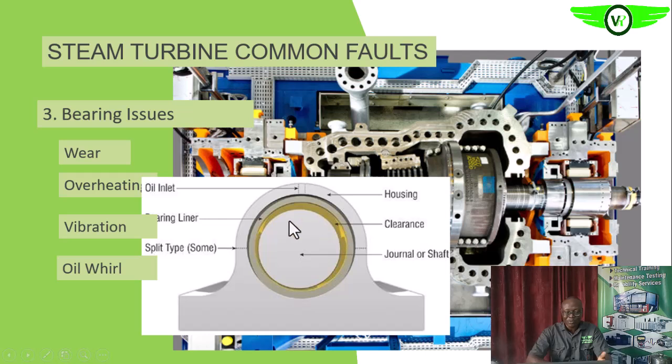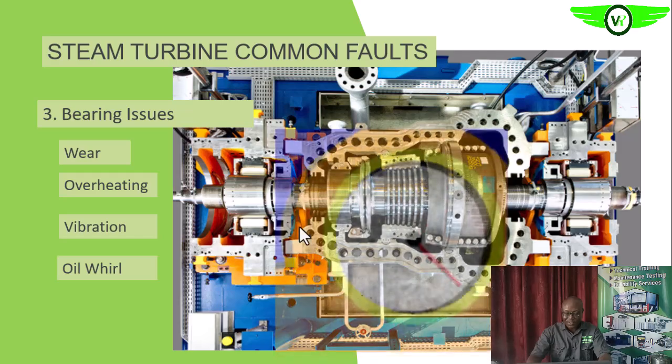You know, during normal operation, it's expected that there will be a little whirl anyway, but you expect that this rotor will be turning evenly, almost evenly. Are you getting it? But once there is whirl, you see that it will kind of be rocking around the bearing space, and that kind of movement will be enhanced when there is excessive clearance, and when the weight of the rotor is not enough.